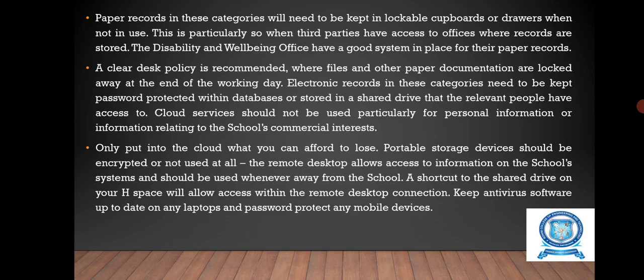The Disability and Well-being Office have a good system in place for their paper records. A clear desk policy is recommended, where files and other paper documentation are locked away at the end of the working day. Electronic records in these categories need to be kept password protected within databases or stored in a shared drive that the relevant people have access to.